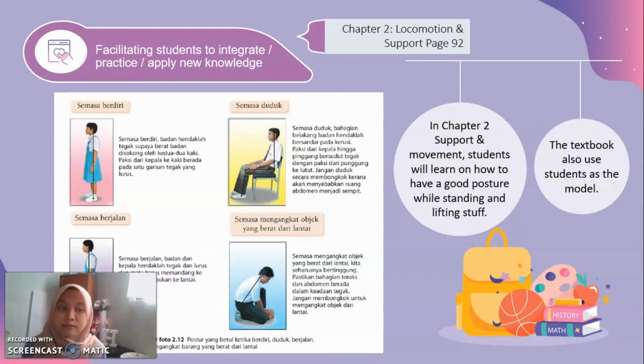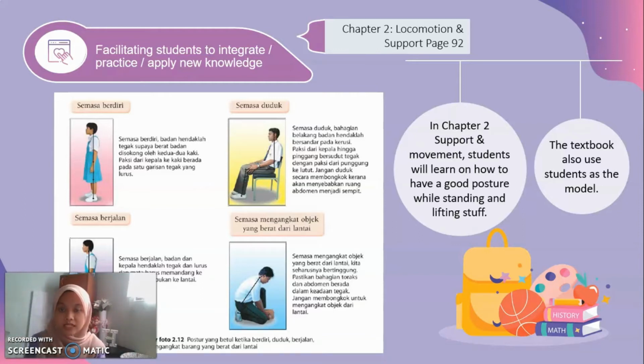Plus, the model used in this picture is also a student, so the student will find it easier to follow the student model in their daily life.